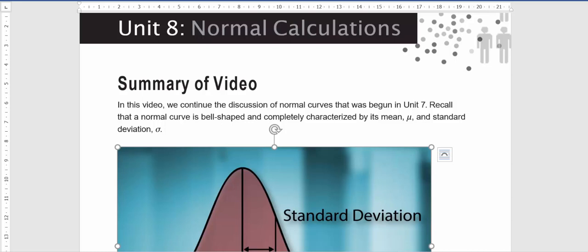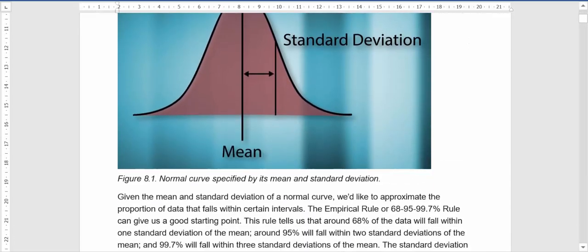What we're going to do in this unit is learn how to compare one set of data to another set of data, transforming the mean and the standard deviation of one set of data and maybe one or more other sets of data to a standard so we can directly compare apples with apples. First, though, with the normal calculations, there's a summary of the video.